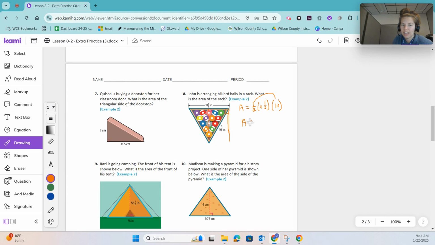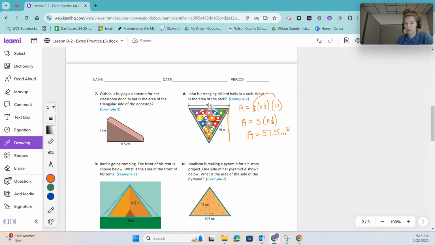So area equals 1/2 times 10 is 5 times 11.5. 5 times 11 is 55. Half of 5 is 2.5. So 55 plus 2.5 is going to be 57.5 inches squared. Again, we are still doing area, so it is inches squared.